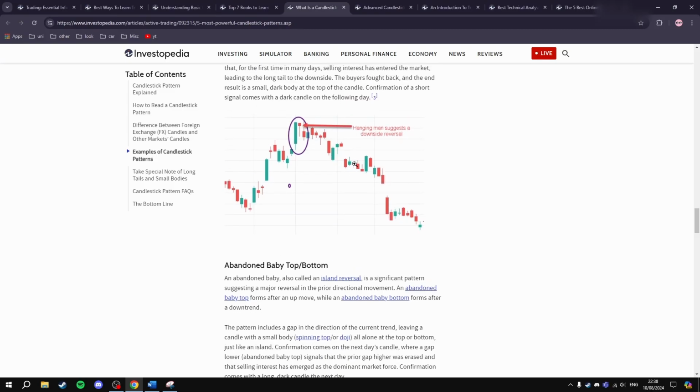The buyers fought back, and the end result is a small dark body, a small red body at the top of the candle.